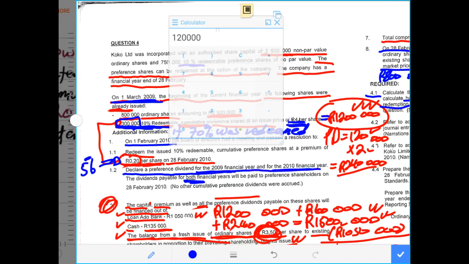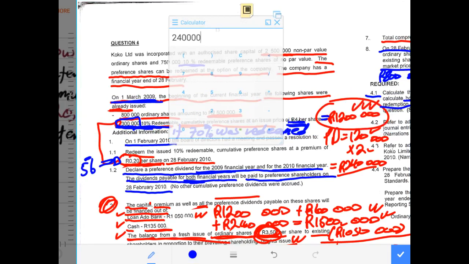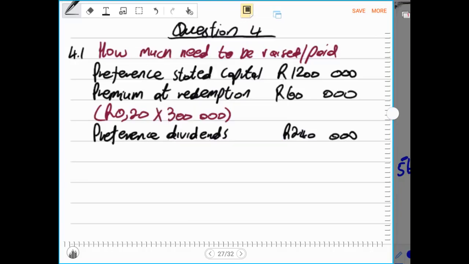The dividends payable for both financial years will be paid to the preference shareholders on the 28th of February 2010. That is why we need to add both of them, 120,000 plus 120,000 again for the year 2010. Therefore, that will give us the total preference dividends to be paid by the end of the year 2010 as 240,000 rands.